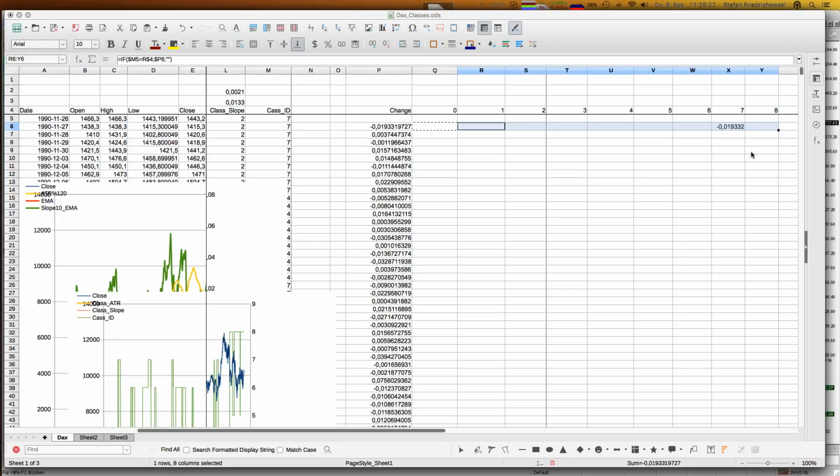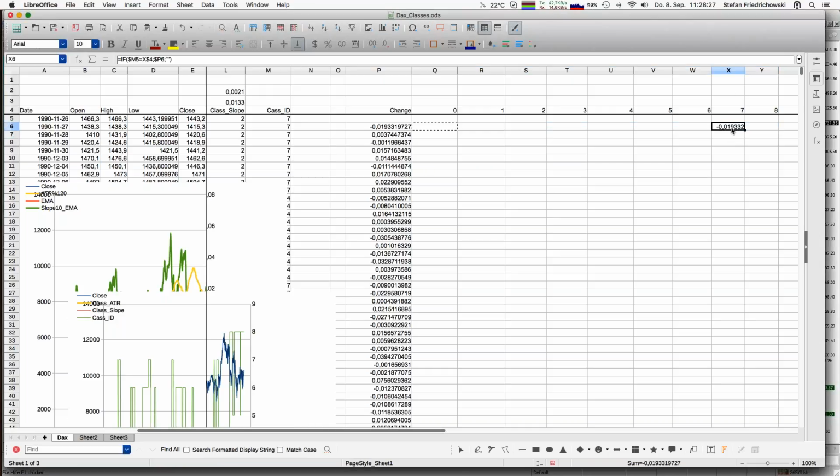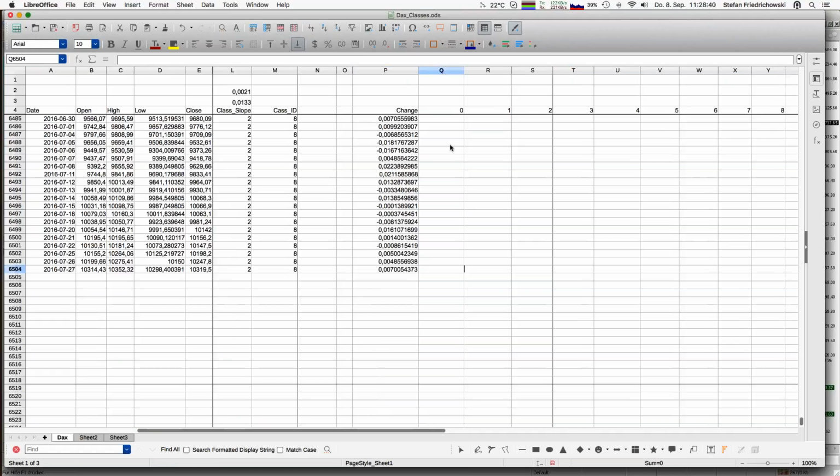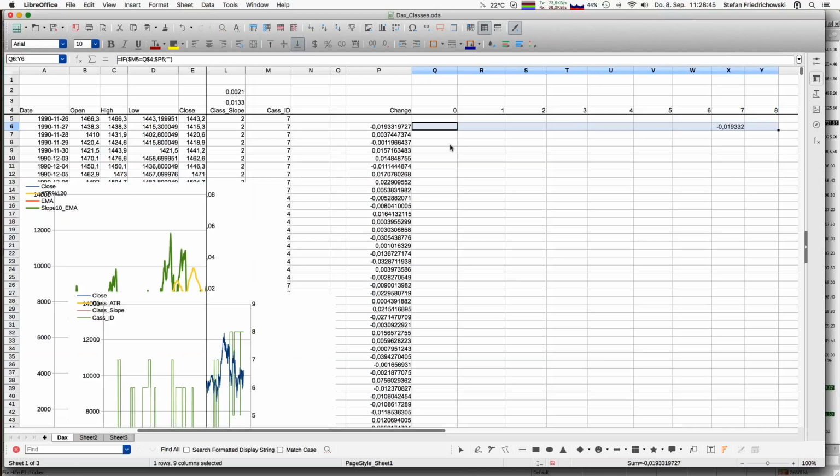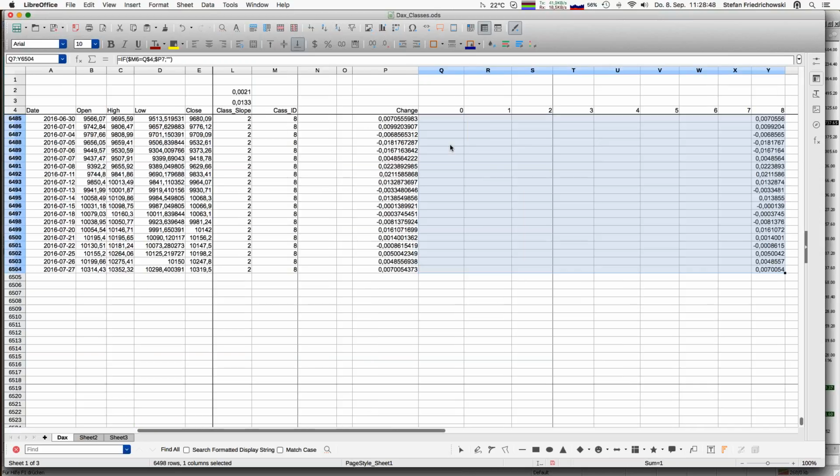As you see, in the column labeled 7, we now have the corresponding change, and that is exactly what we want. And this has to be copied down here. That is quite easy to do. And now we have it done for all the cells.